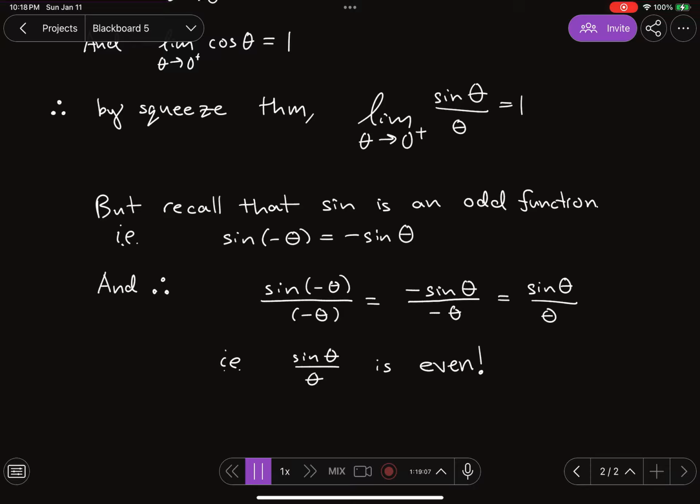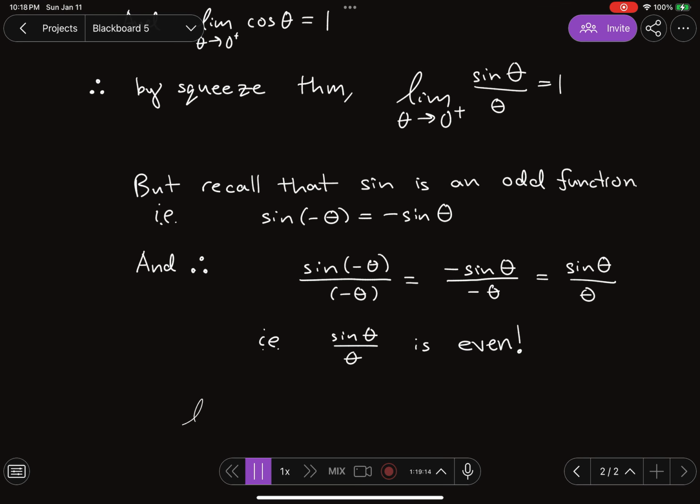Which means it's reflected over the y-axis. It looks exactly the same. Or in other words, if you'd like, you can say something like this. That says, therefore, the limit as theta approaches 0 from the left of sine of theta divided by theta is going to be equal to the limit as theta approaches 0 from the right of sine of negative theta divided by negative theta.